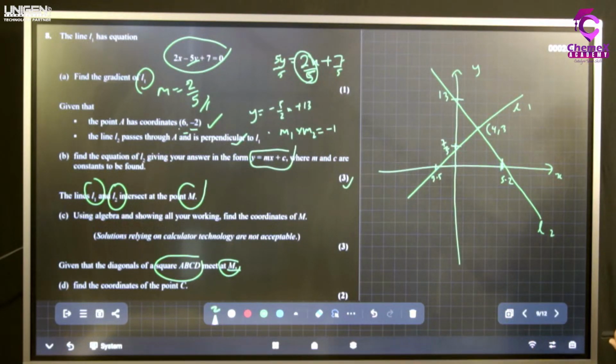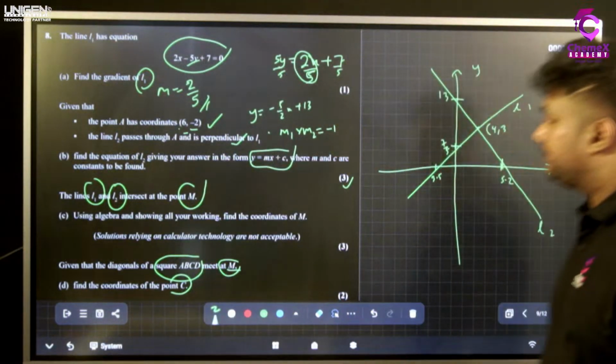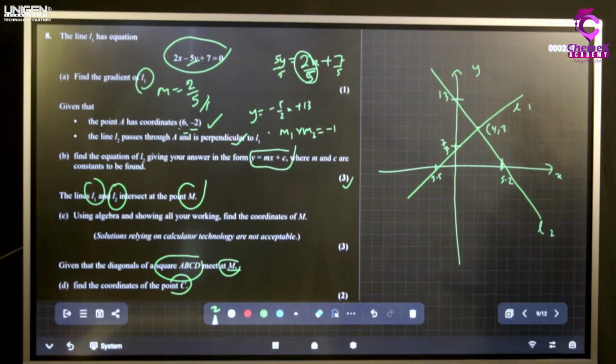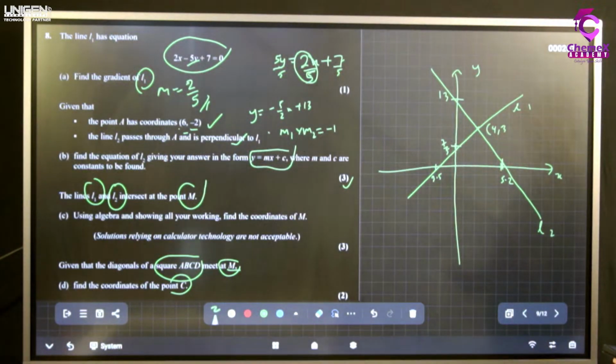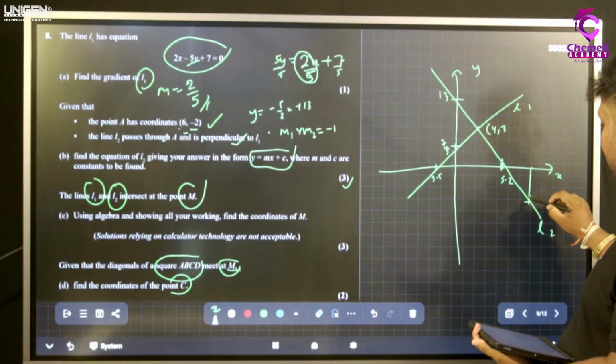How to get the C coordinate? Find the coordinate of C. 6 and minus 2 is somewhere here, let's say.